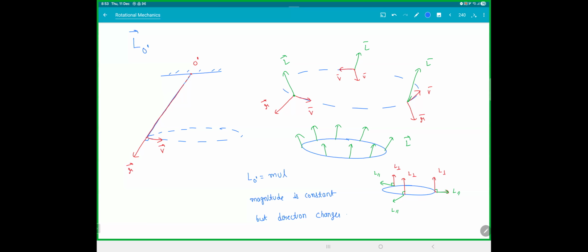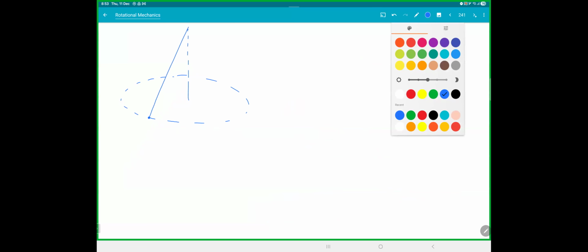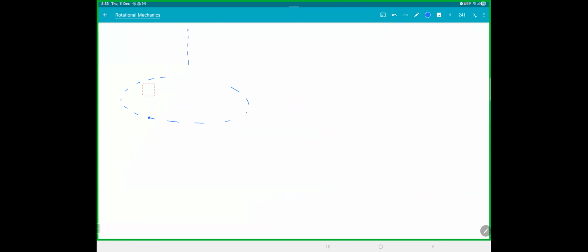Now let's see why, if it is not constant, that means there must be a torque. Where are you getting this torque from? Now, if you look at the vectors there again, let me draw this thing. If you take the forces, this is O dash. What are the forces? Mg, and this is the tension.